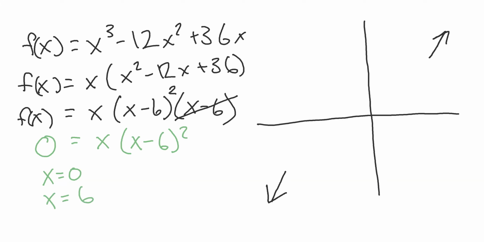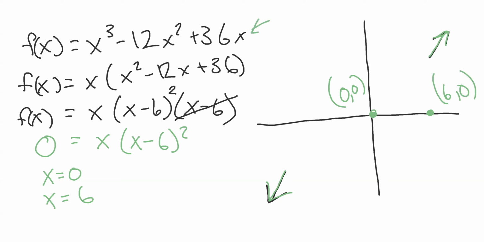So we know that we are crossing the x-axis when x is 0 and when x is 6. I'm just going to put it right there. So we know two points on our function: one point is (0, 0), and the other point is (6, 0), right? We know those are both solutions to our original function.